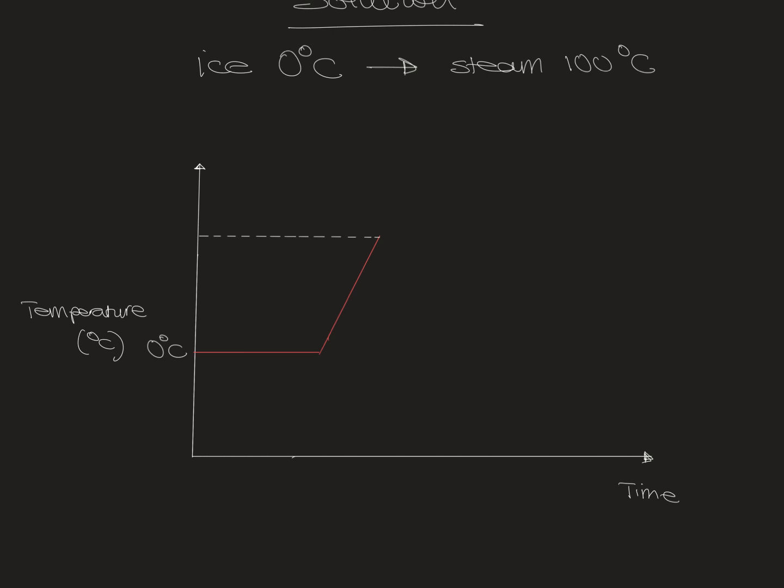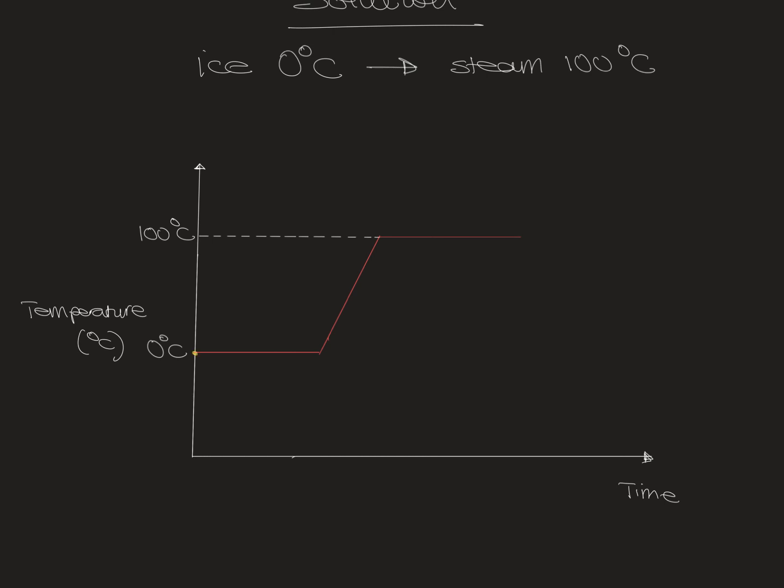So that is the temperature of water at 100 degrees Celsius, exactly at this point here. So from water at 100 degrees Celsius, we need to move to steam at 100 degrees Celsius. That is a phase change since it does not involve change in temperature.